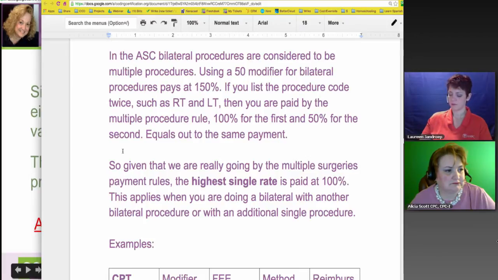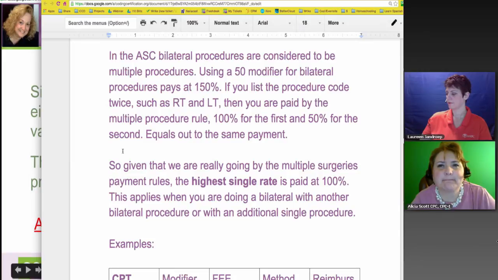It's line coding. So how this would work is you take your codes, and then you pay the first one at 100%, and then each code after that at 50% until you get to where they reduce it to 25.